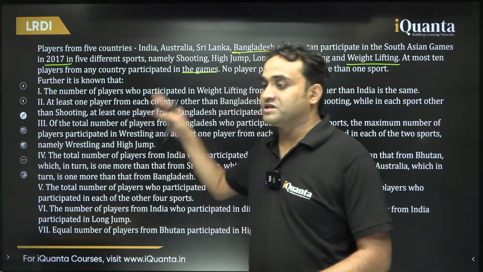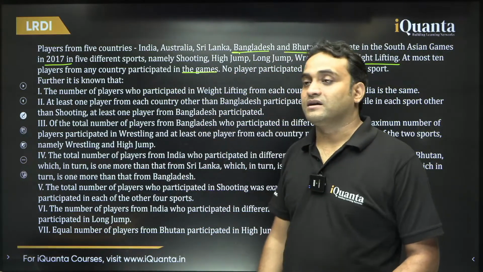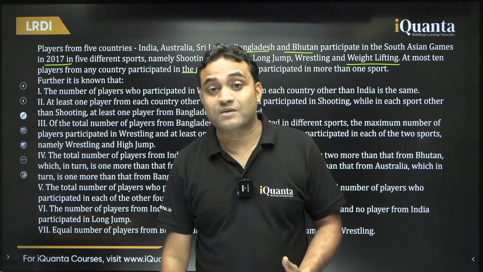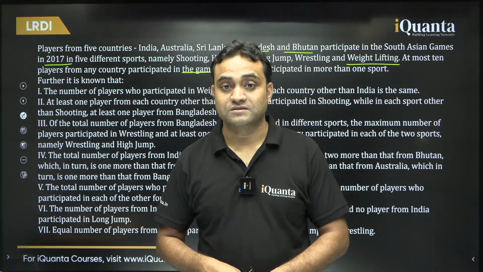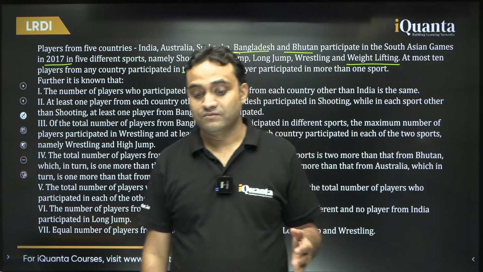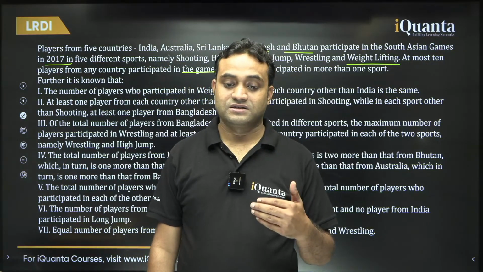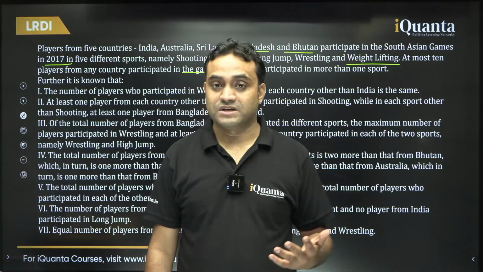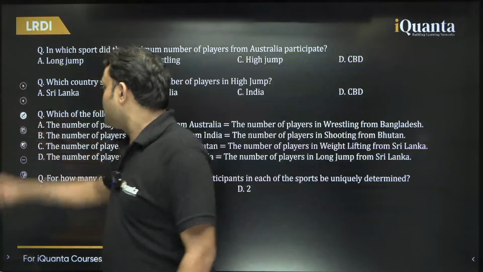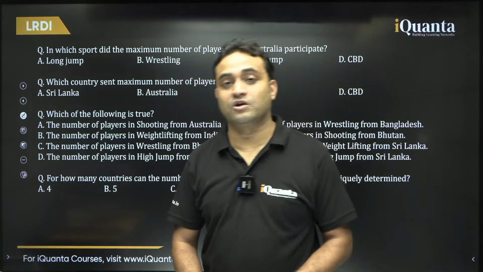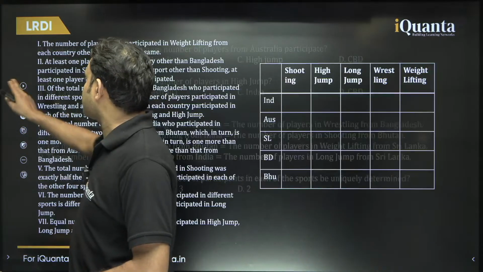So, some information has been given, right? And there are 5 countries. There could be at max 10 players from any of these countries, and one player from any country plays exactly one game. It doesn't play more than one game, right? Now, these are the questions given which we should be able to figure out once we use all the information.